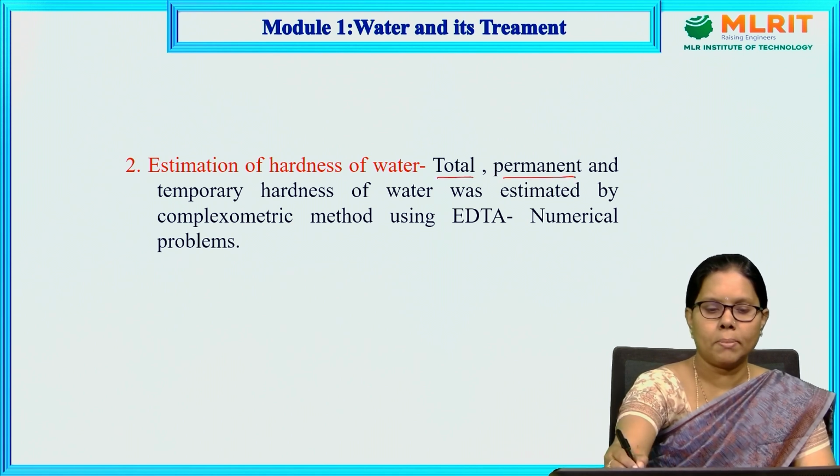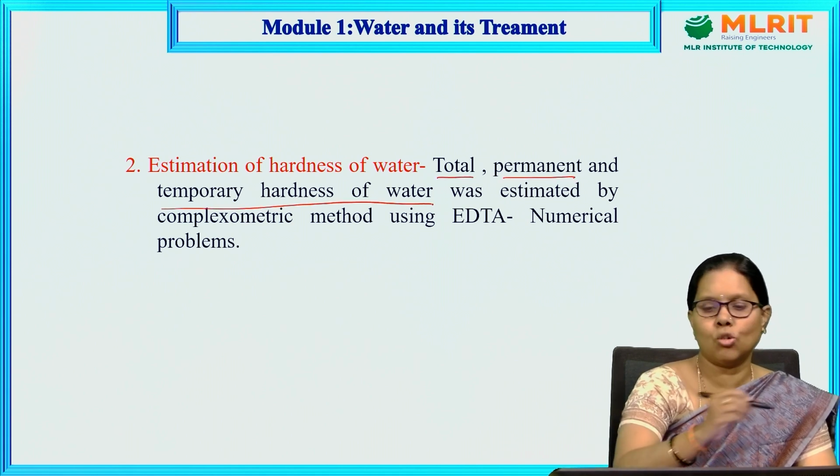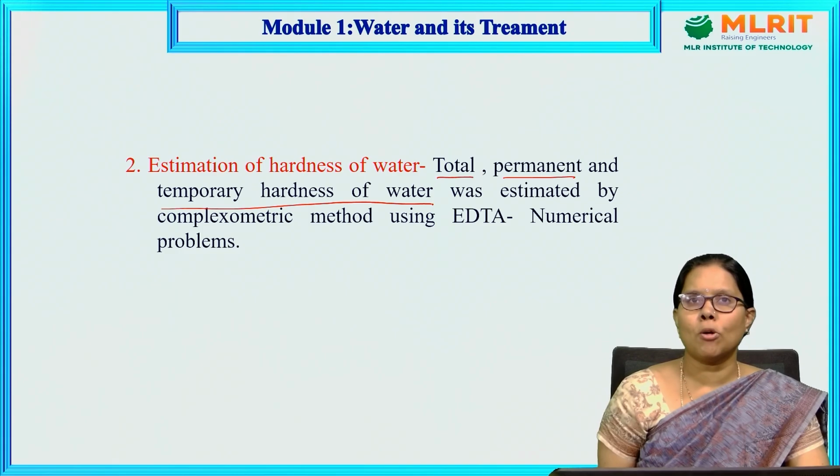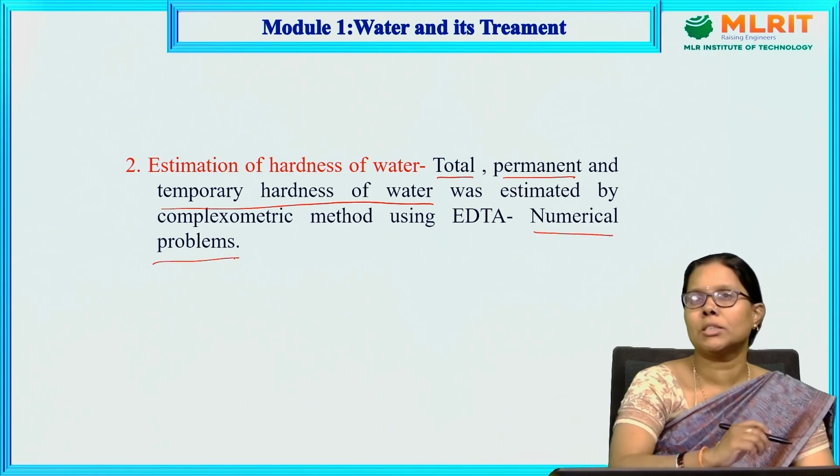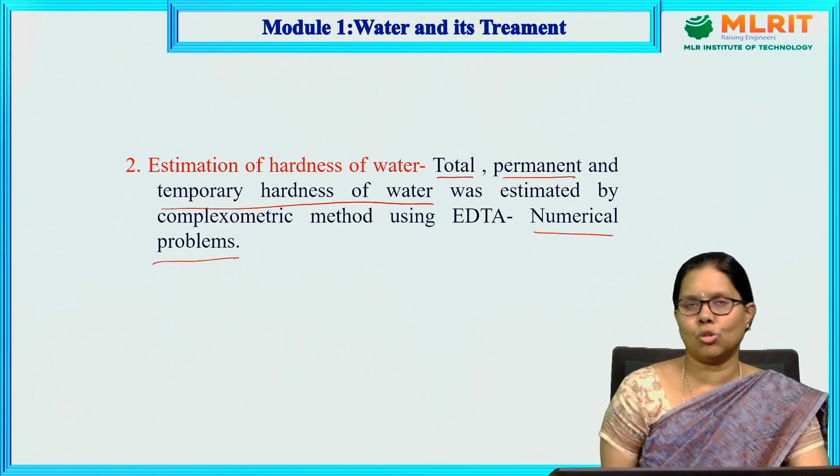Total, permanent and temporary hardness of water are estimated by the complexometric method using EDTA, ethylene diamine tetraacetic acid. We are also covering numerical problems on how to estimate the total hardness present in the water in terms of either ppm or milligrams per liter or degree Clark or degree French.